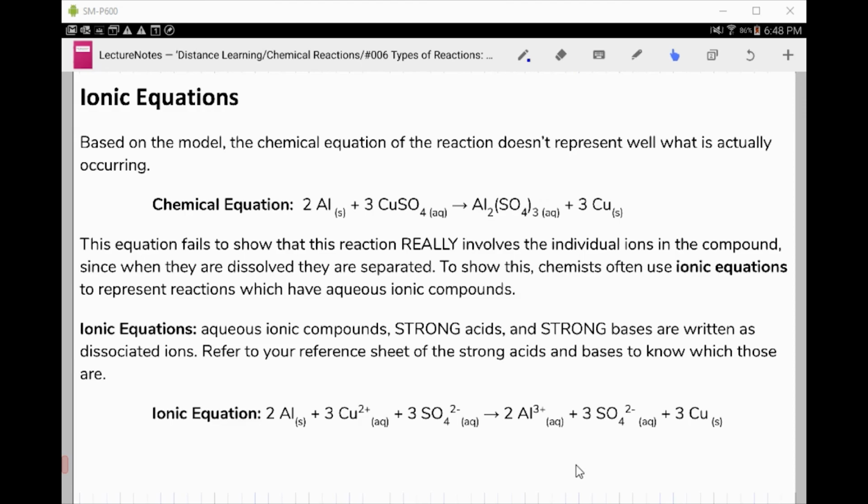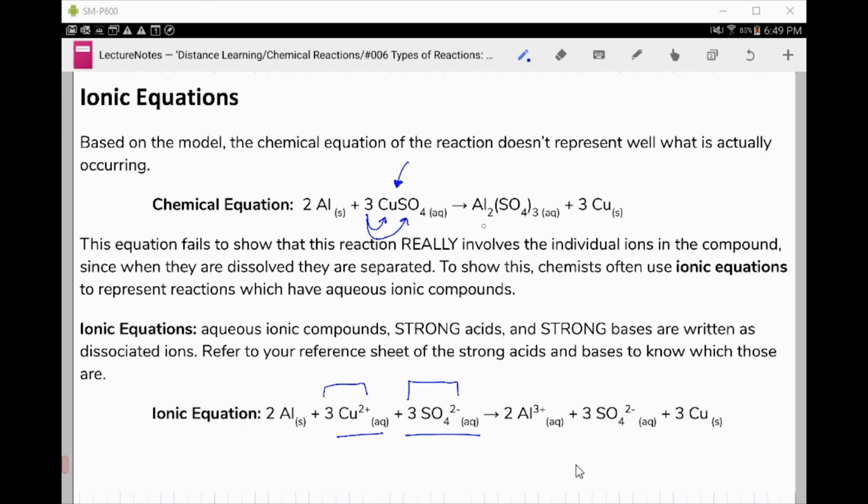Now these types of equations, all they do is they take anything that's aqueous, dissolved in water, and they write it in the way that it actually exists in the system, in the beaker, in the containers, in the flasks. They write it as the separated individual ions. So if I have 3 copper sulfates, as my chemical equation shows, then I have 3 copper ions, and I also have 3 sulfate ions, which is what's being modeled here with 3 copper 2 pluses, because this is copper 2 sulfate, and I have 3 sulfate ions.